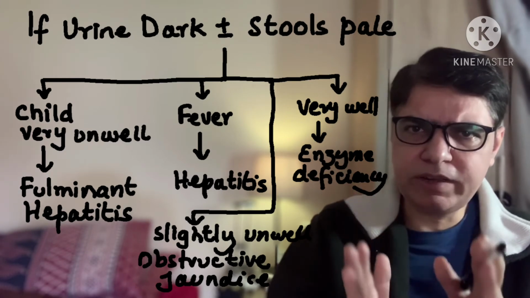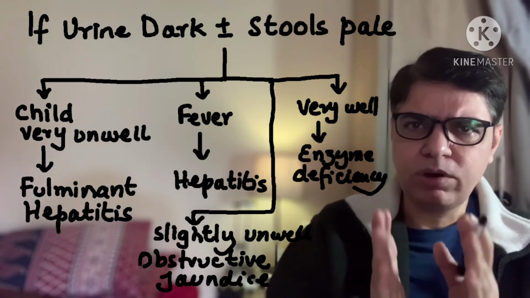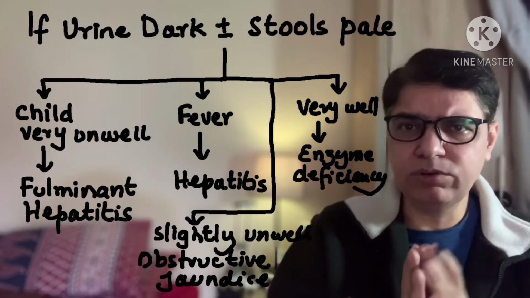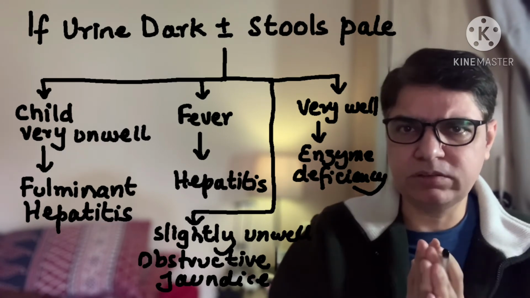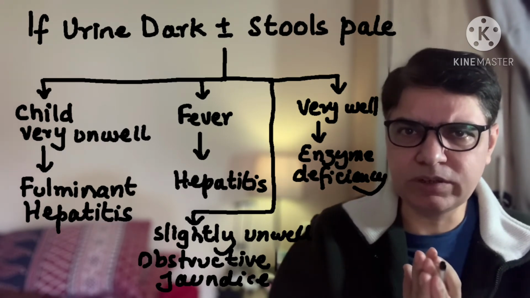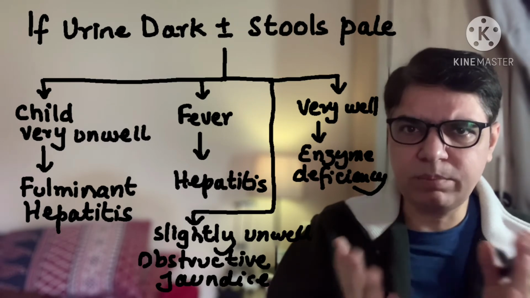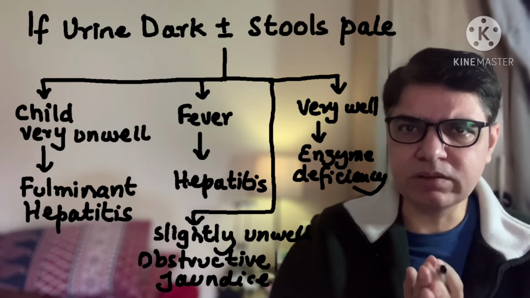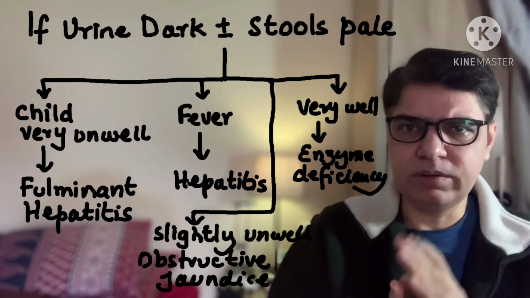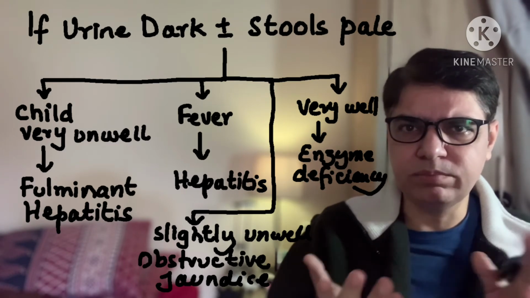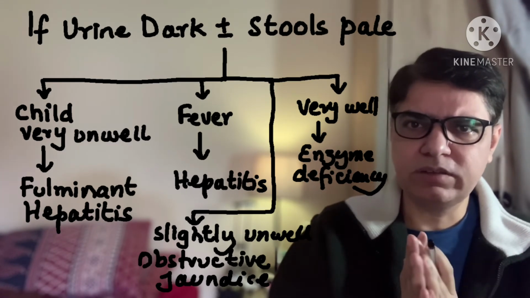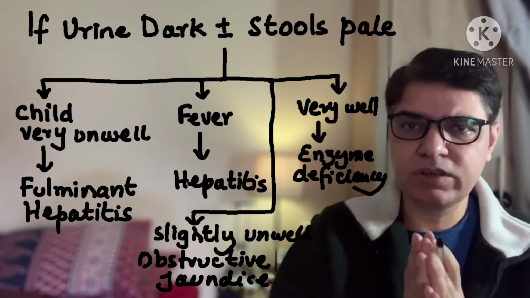So not only acute viral hepatitis, sometimes acute immune-based hepatitis can also cause the same condition, or toxic hepatitis, which is caused by different types of chemicals, like for example in paracetamol poisoning in the later stages, as the liver failure sets in, the child can be jaundiced.